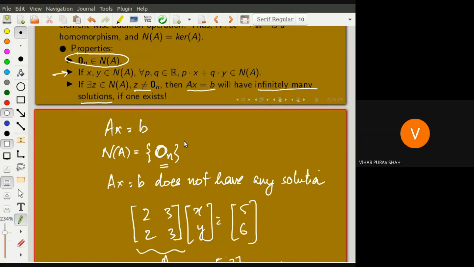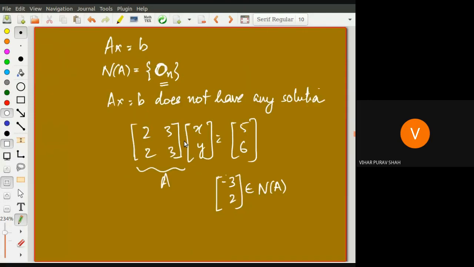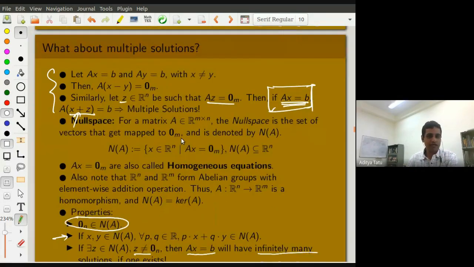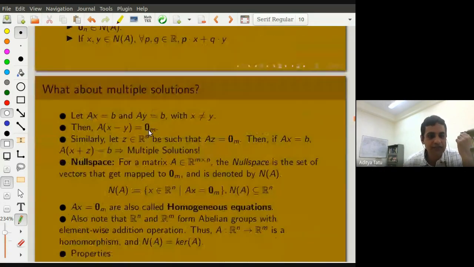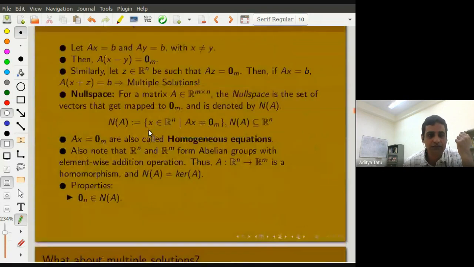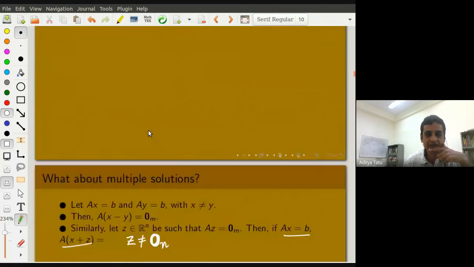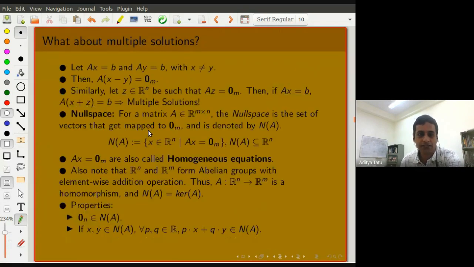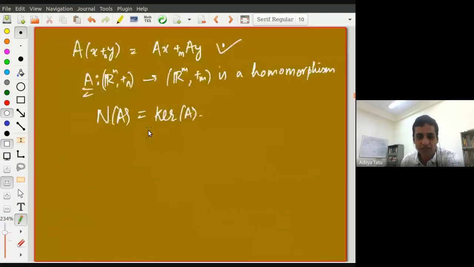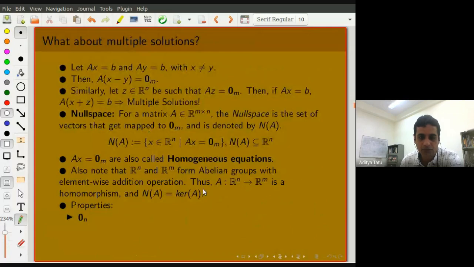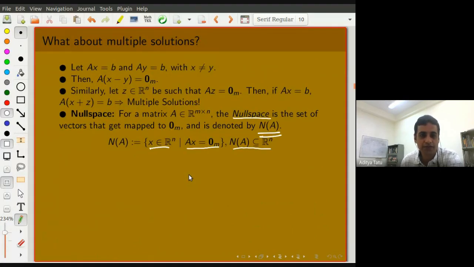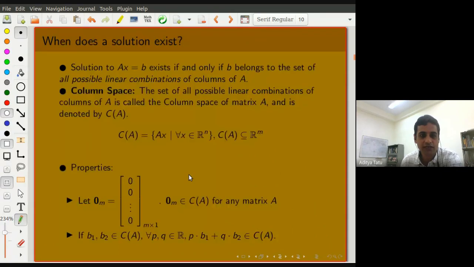Sir, I have one doubt. Is it necessary for A to be a square matrix? No, nowhere have we assumed that. We started out with R^n and R^m, so we have never assumed that A is square.